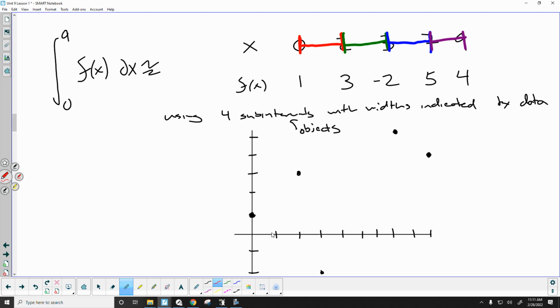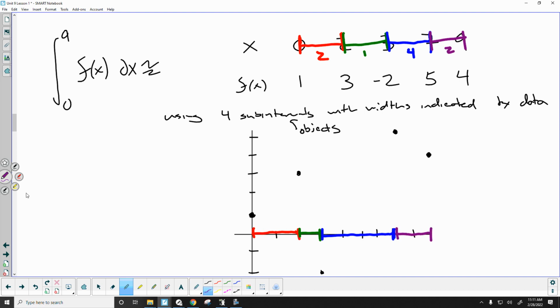From 0 to 2, this is the width of my first rectangle. It's 2. I'm going to put that number there. That's very helpful to have down. The width. From 2 to 3, that width is 1. So put that one down. From 3 to 7, that width is 4. Let's throw that one down. And from 7 to 9, the width is 2.